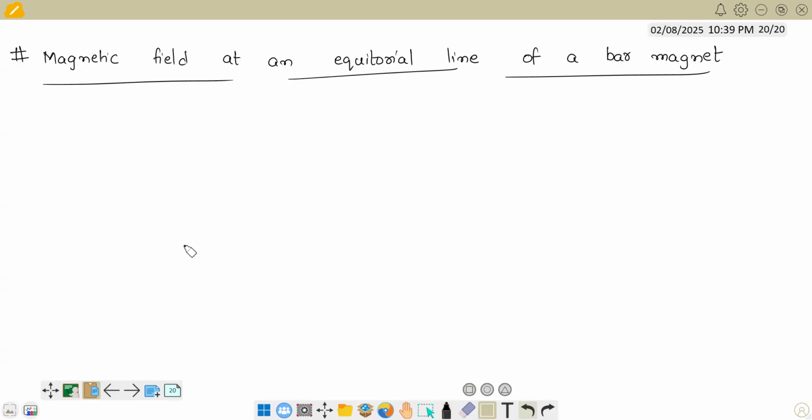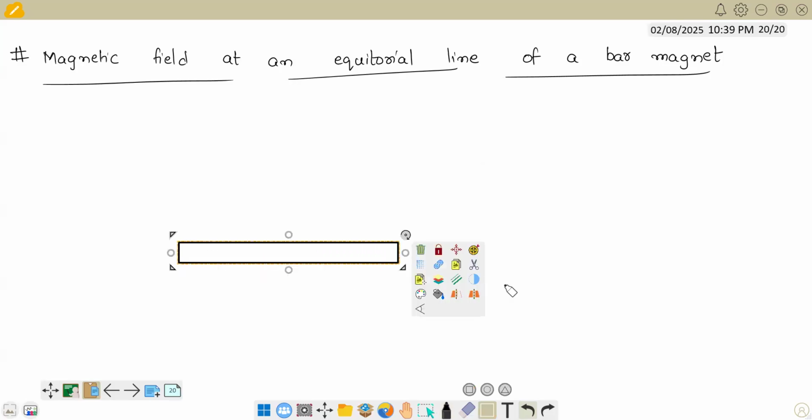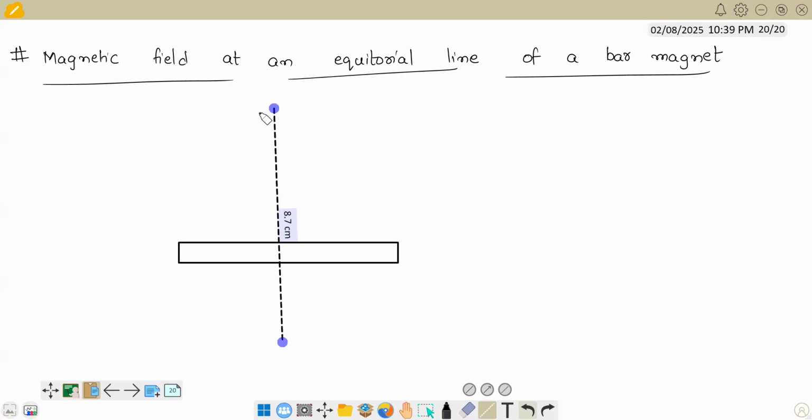Suppose you have a bar magnet and I want the magnetic field at any point on the equatorial line. So this is my equatorial line. I want the magnetic field at this location. So let me call this plus M north pole, minus M south pole.